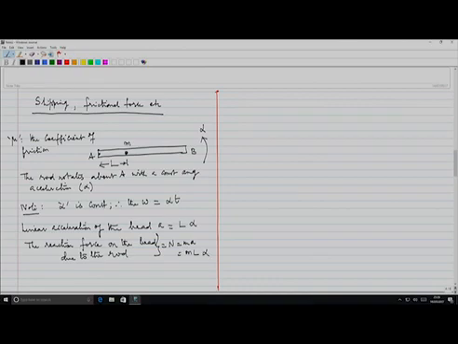Now, we have taken this angular velocity to be alpha times t. Now there is a centripetal force on the bead. What is the expression for the centripetal force?